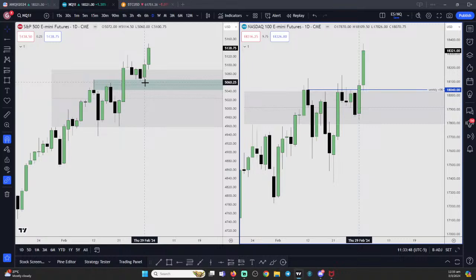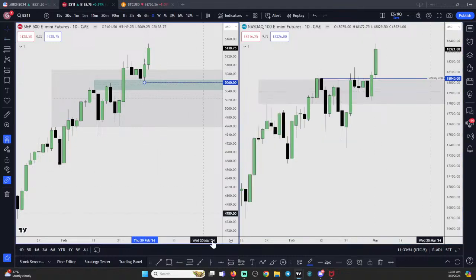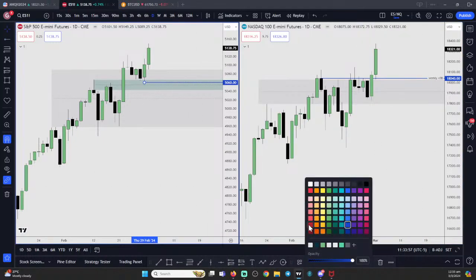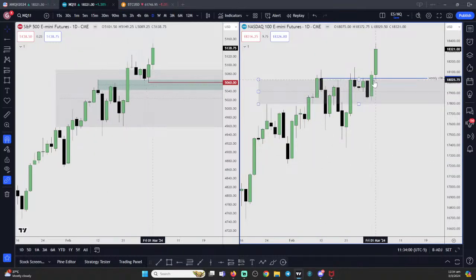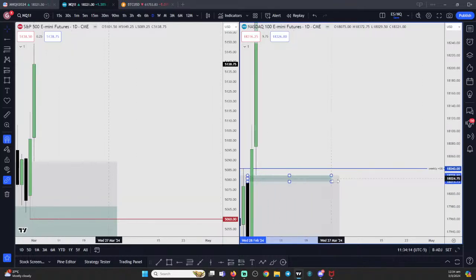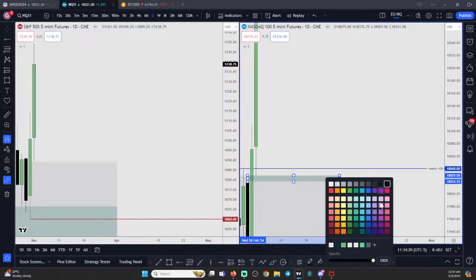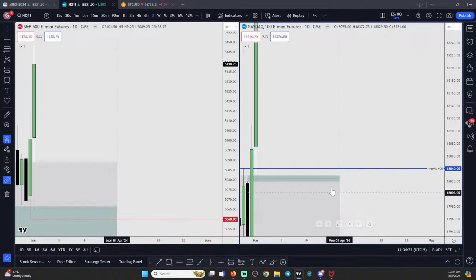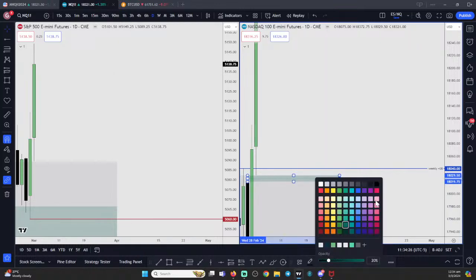Okay, so for ES I'll be looking at this swing low, I'll mark it red, and for NQ we have this inefficiency here that I think it can tag into. I'm just gonna expand it higher here. Okay, I'm gonna highlight this in purple. Well, not the text, but the color here, purple.